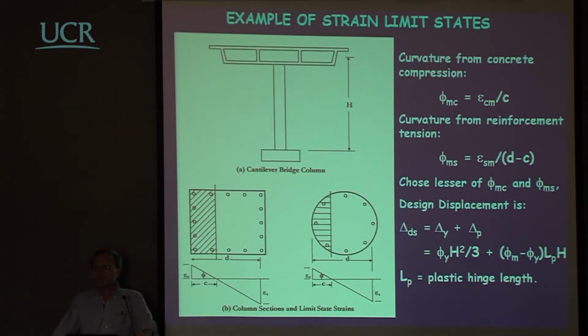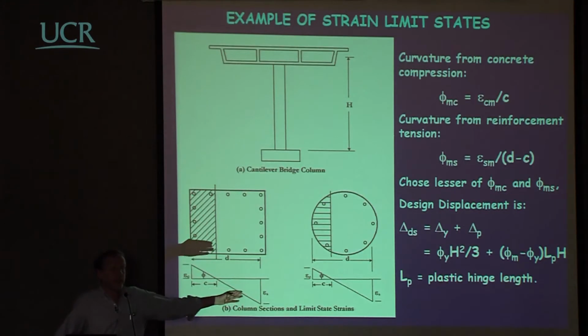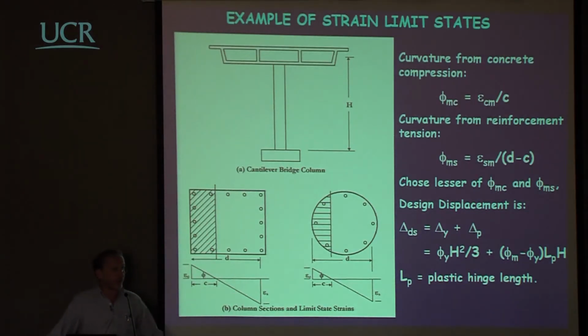Now, if you ask yourself what will be the yield displacement of this structure, you will immediately answer that the yield displacement of the structure will correspond to a situation where either one of the two sides of the base of the column will attain the yield strain.